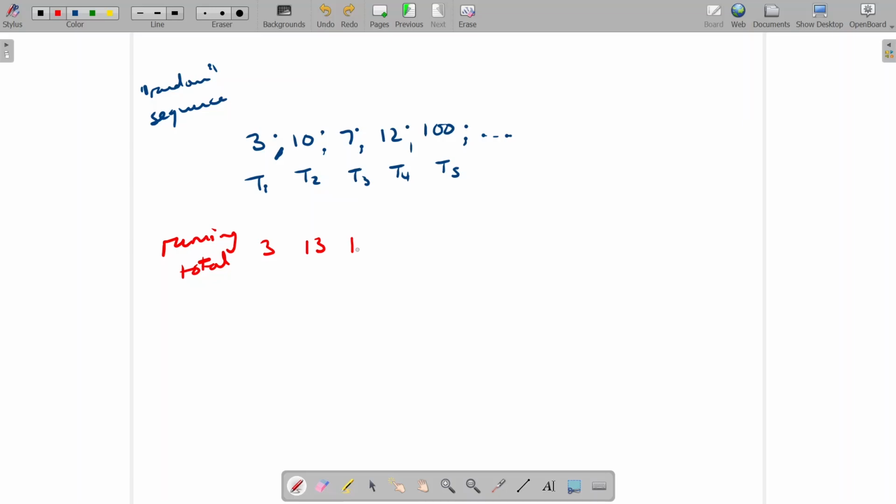The fourth item goes in, my running total is 32 Rand. The fifth item goes in, it is 132 Rand. Now this effectively is a series, and this value in the fifth place is referred to as S5. And S5 is nothing more than T1 plus T2 plus T3 plus T4 plus T5.